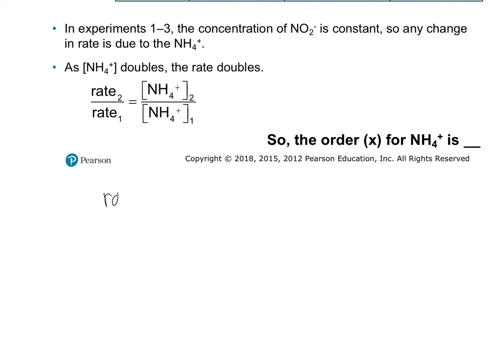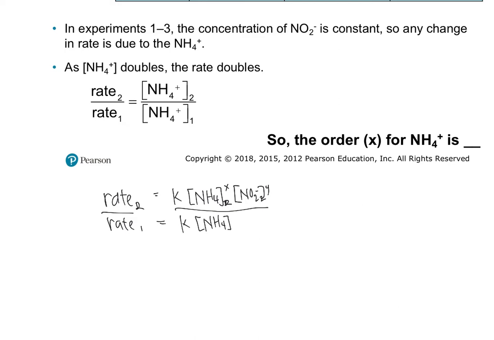So for rate 2, it equals some constant times NH4 to the X, and nitrite to the Y, divided by the rate of 1, which equals the constant times the concentration of ammonium to the X times nitrite to the Y. Now, in experiments 1 through 3, nitrite is going to cancel out because it's the same number.